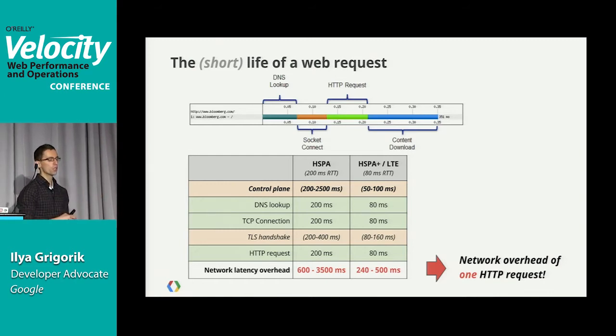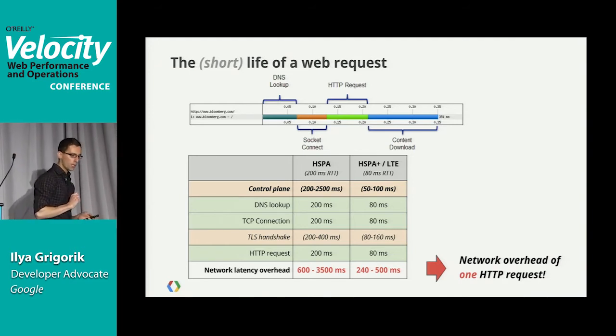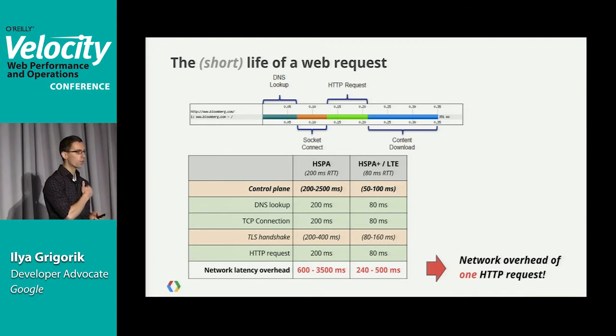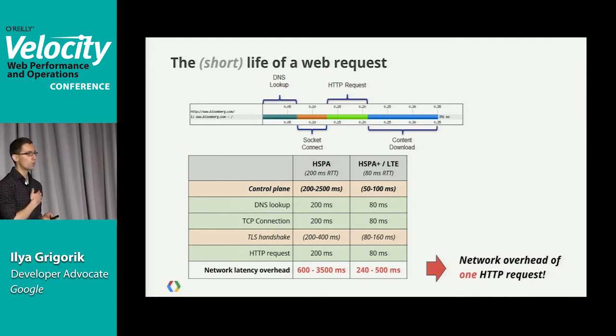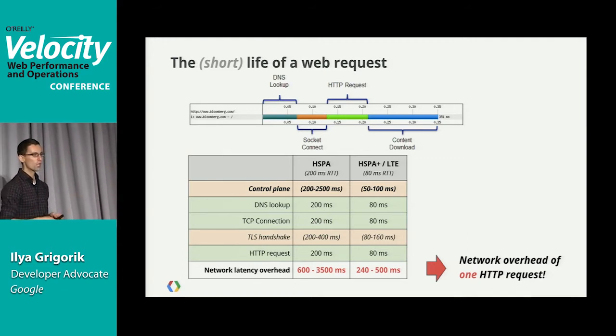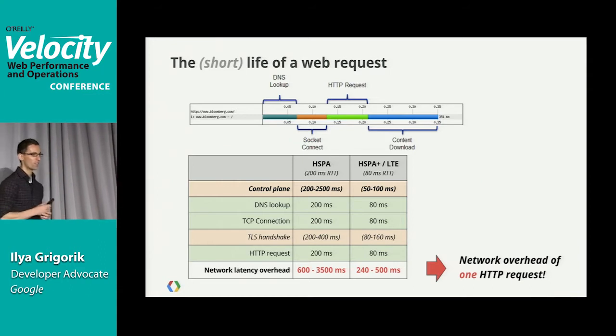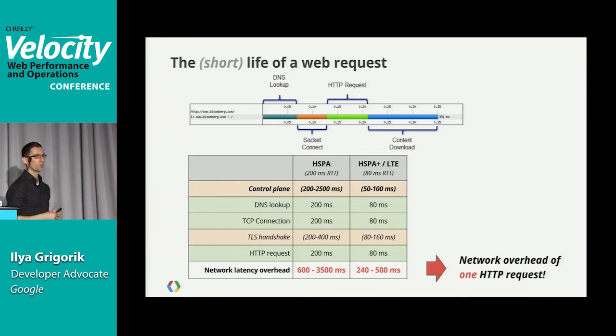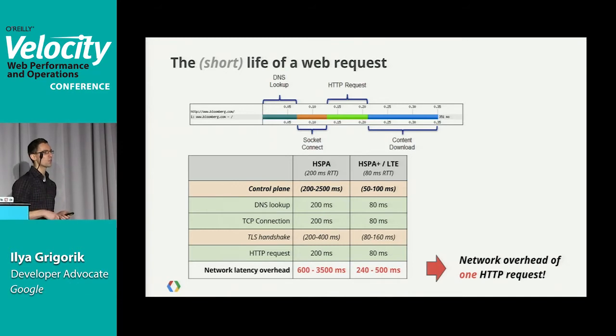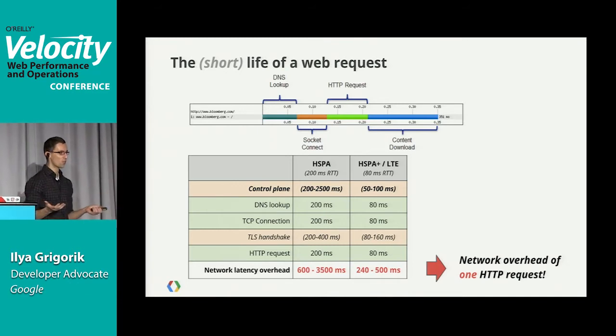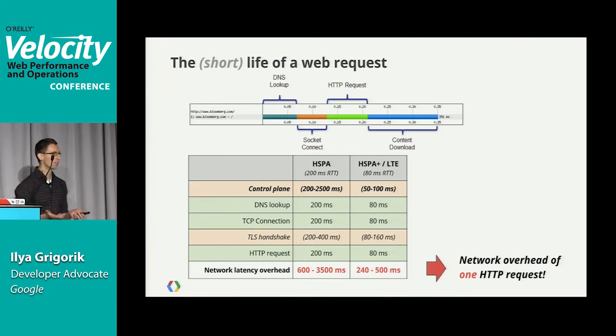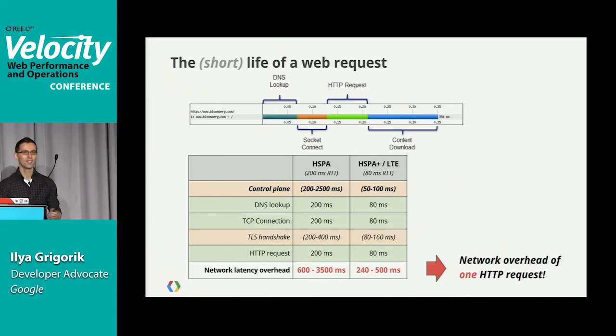If you add up just the latency costs, you will see that it'll take anywhere between 600 milliseconds to 3.5 seconds to send one packet back and forth, right? Which is huge. So if you've ever wondered why this page takes 3.5 seconds to render, and then you take into account the actual latency, it's actually kind of a miracle that it works at all. Like, it doesn't take 30 seconds, right?